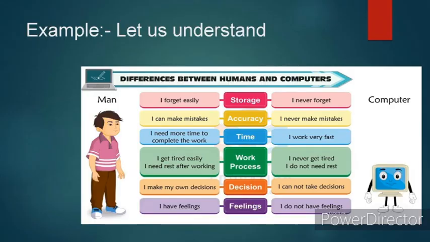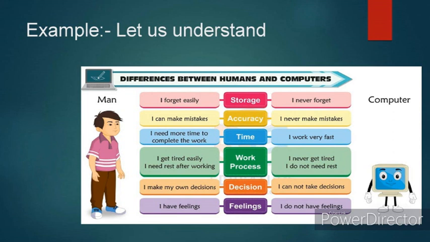Now I have given a very easy example to understand. See the figure, the difference between human and computer. One man stands there and a computer stands there. First topic, storage. Man says, I forget easily. Computer says, I never forget. Now second point, accuracy.